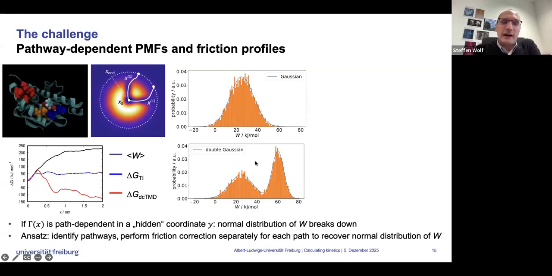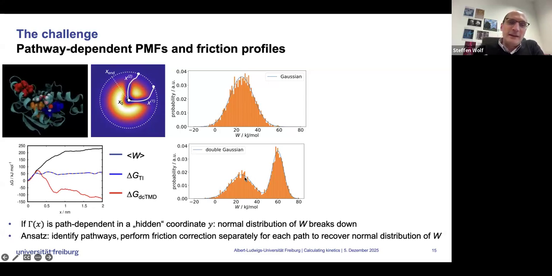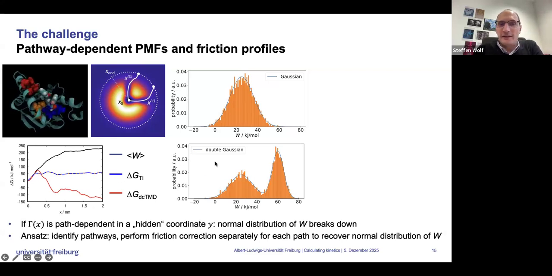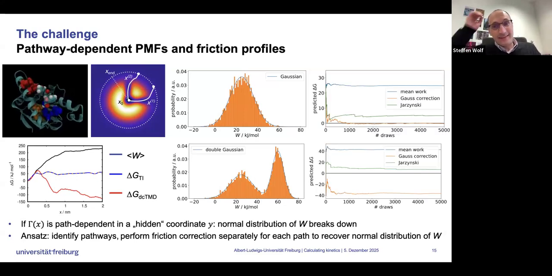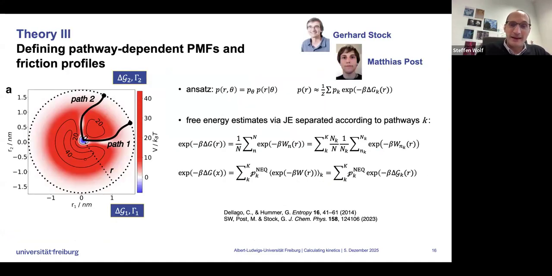And if we then use our second order cumulant approximation, this is equivalent to assuming that this bimodal distribution follows a single modal Gaussian. So you would assume that the mean is somewhere in the middle and you overestimate the width massively. If you overestimate the width of the Gaussian, that means the variance is overestimated, and this causes an overestimation of the friction, which explains the apparent artifact that we see on the left side. So what can we do with this? Well, we can now collect the trajectories according to the different pathways.